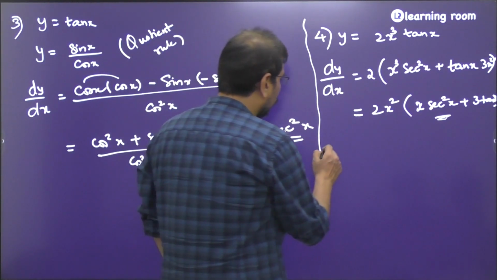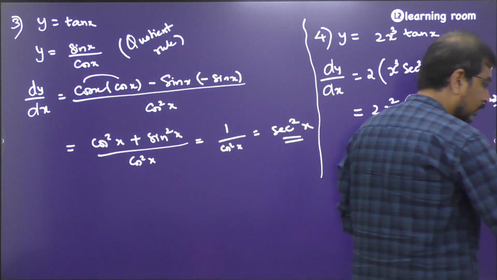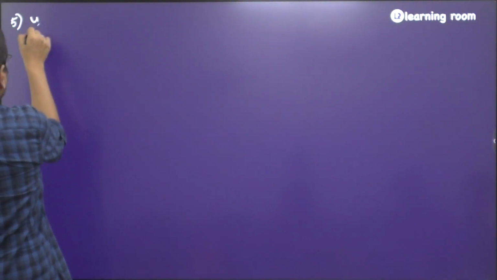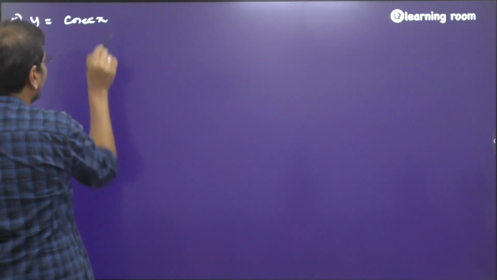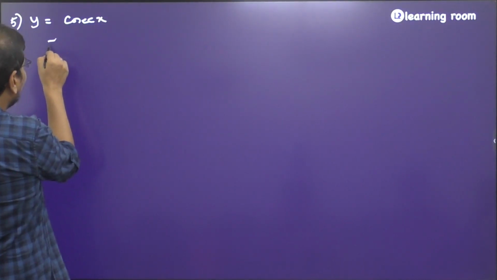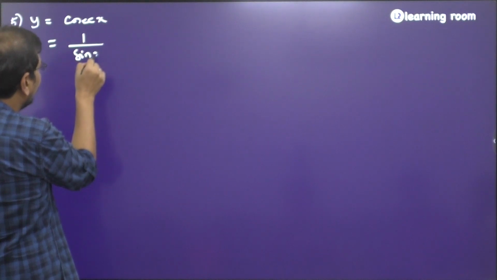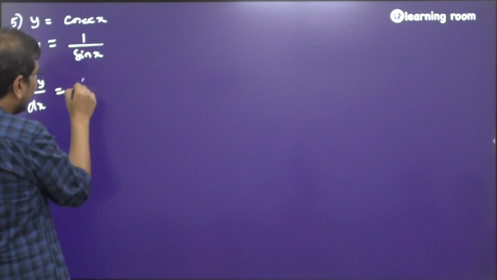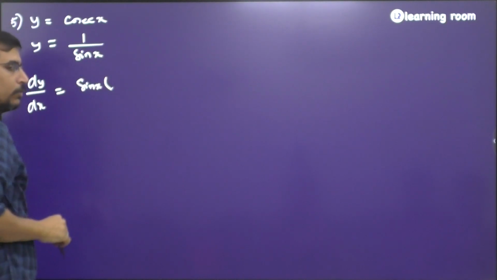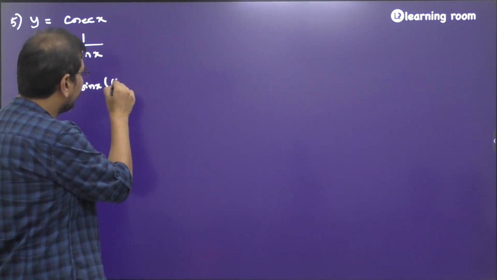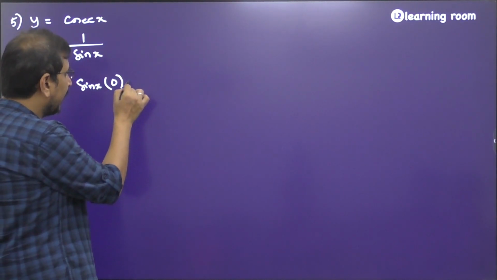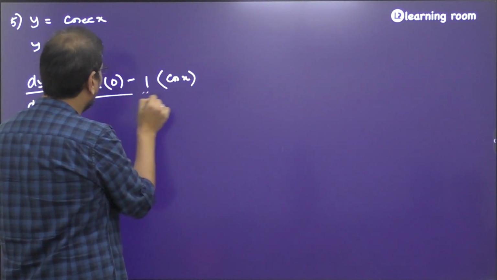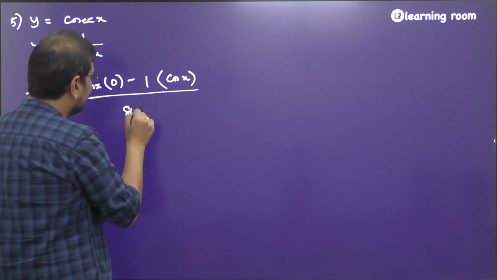Okay. So the fifth one. So y is equal to cosecant x, right? Cosecant x, you can write it as 1 divided by sin x. So dy by dx will be equal to sin x into derivative of 1, which is 0 because it's a constant, minus 1 into derivative of sin x, which is cos x, the whole divided by sin square x.